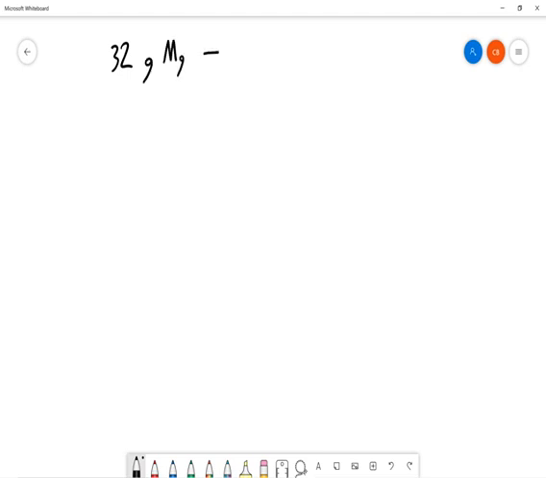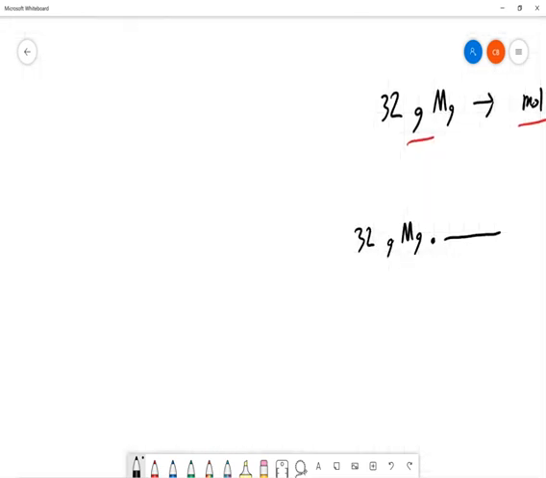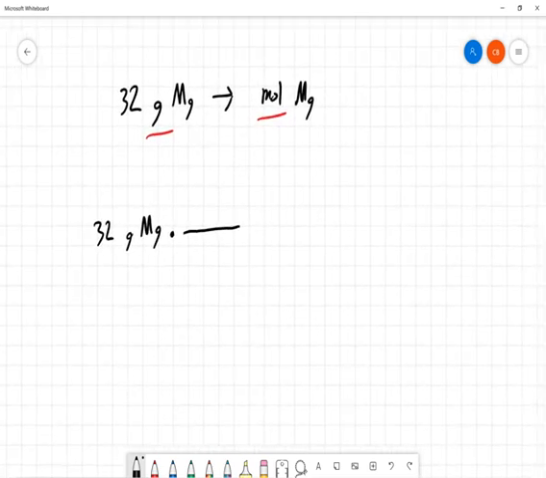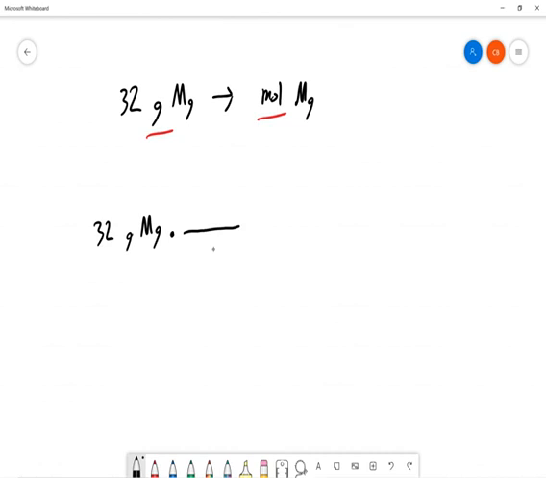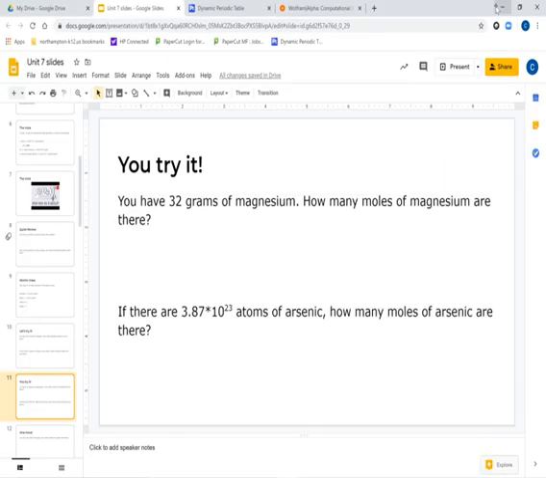32 grams of magnesium, and we are going to moles of magnesium. Going from grams over to moles. This problem looks just like the last one, doesn't it? We take 32 grams, and we have to divide that. Ooh, computer. My apologies. I hit that with my finger a little too hard and didn't wait for the pen. Okay, grams of magnesium. We have to figure out how many grams are in a mole to do this conversion.